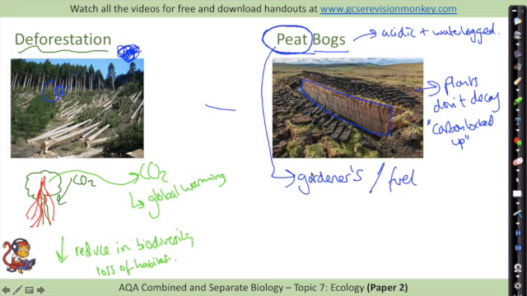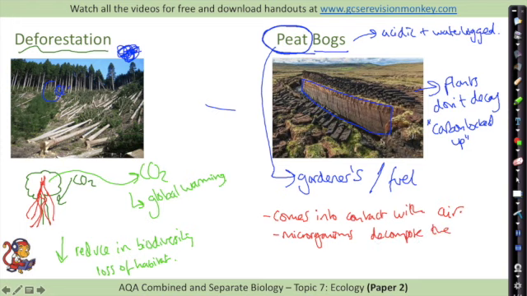However, as soon as you cut into that, there becomes a problem associated with these organisms involved in decay. Because as soon as you cut into the peat bog, it comes into contact with air. And then the microorganisms can then decompose the carbon compounds that are in there, or the plants that are in there.